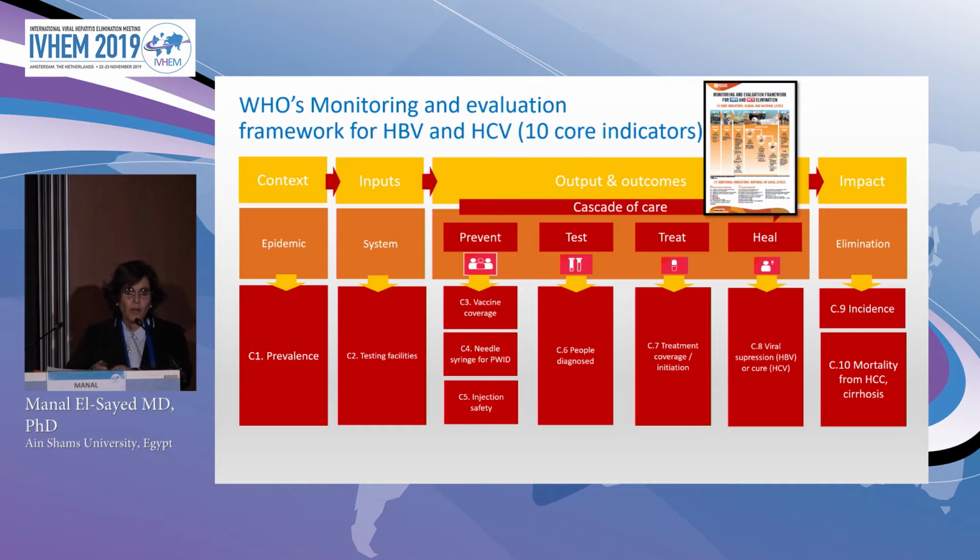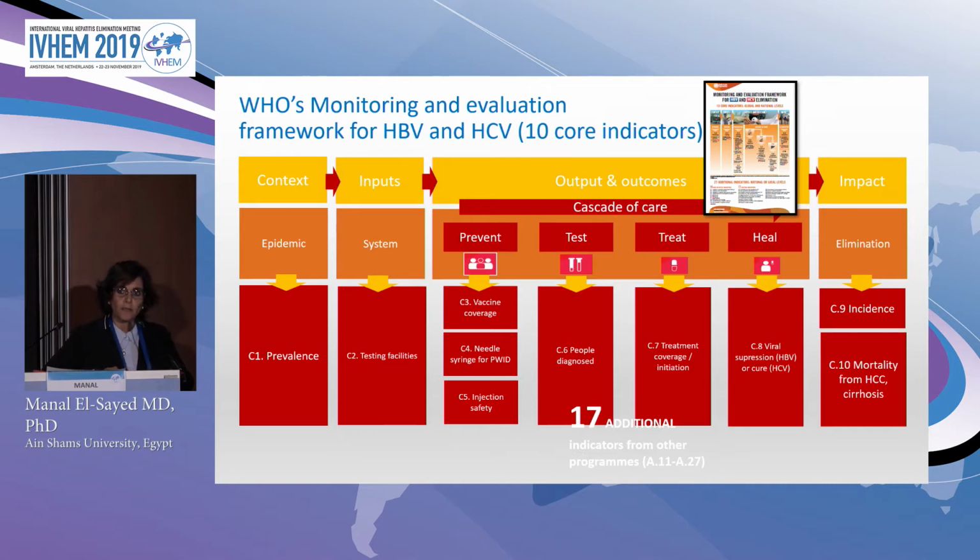And this is the well-known WHO's monitoring and evaluation framework for HBV and HCV, and they have in this framework 10 core indicators. And they have also 17 additional indicators from other programs. What's important is that you identify your epidemic. This is really the most important issue.